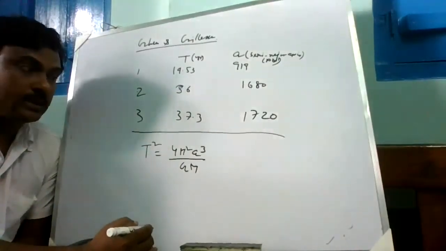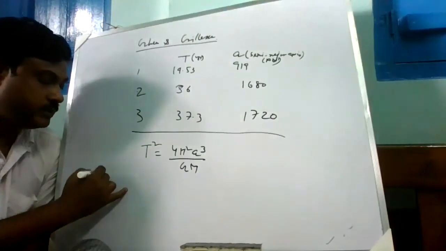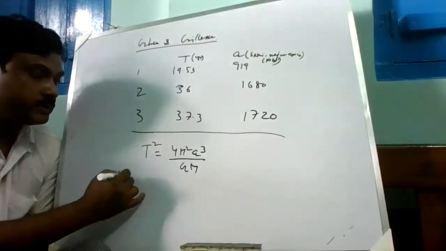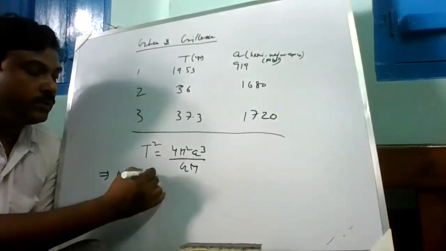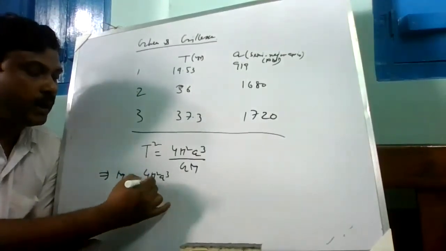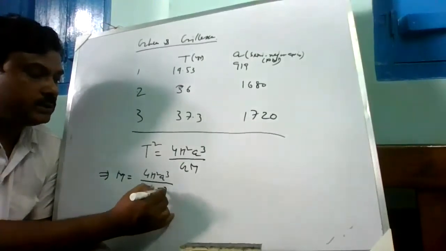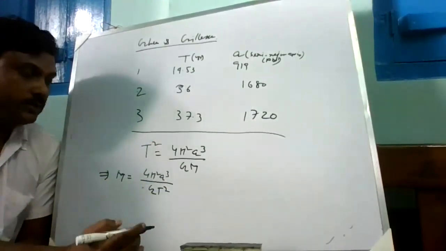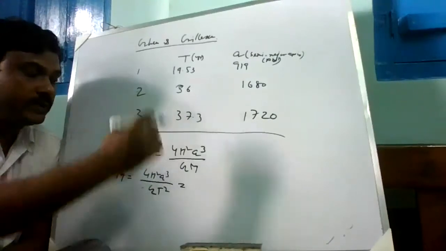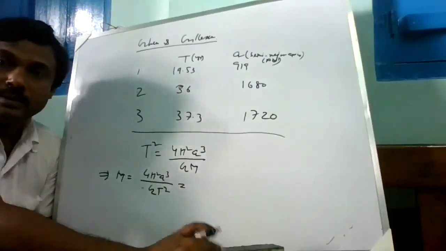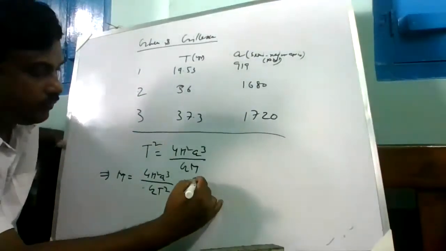This is Kepler's third law. So from this we can say that M will be equal to 4 pi squared A cubed by G into T squared.